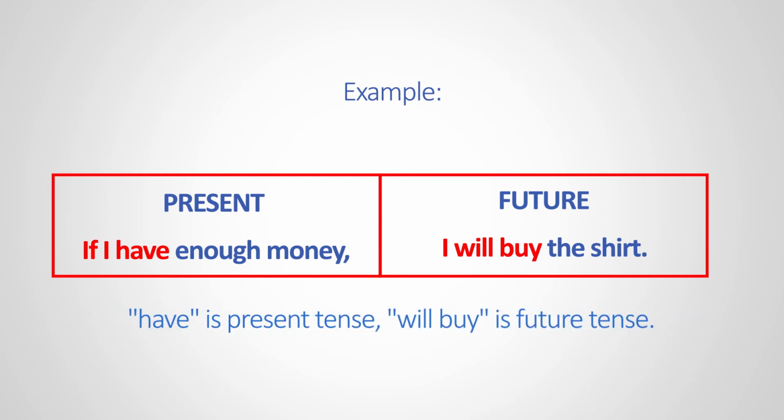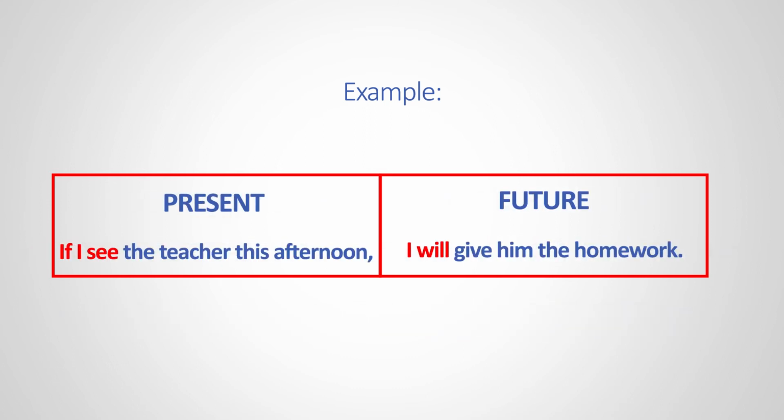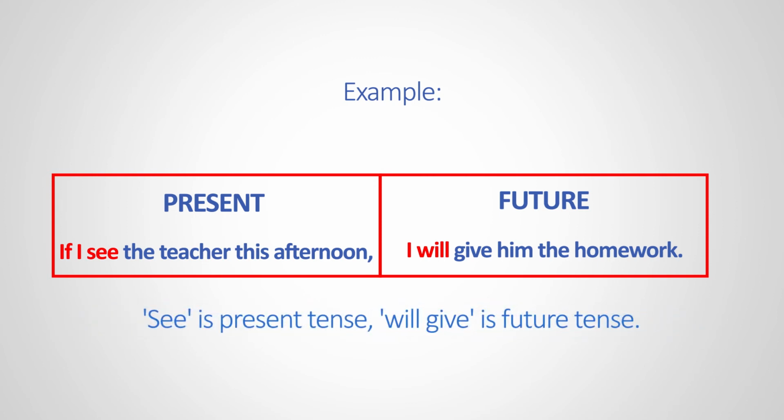Have is present tense. Will buy is future tense. If I see the teacher this afternoon, I will give him the homework. See is present tense. Will give is future tense.